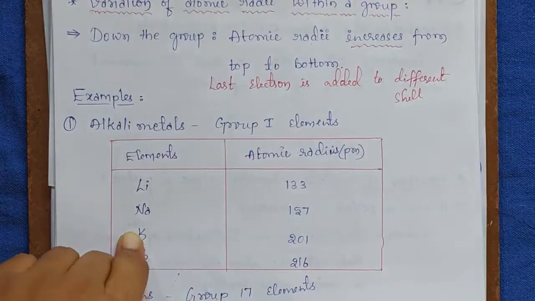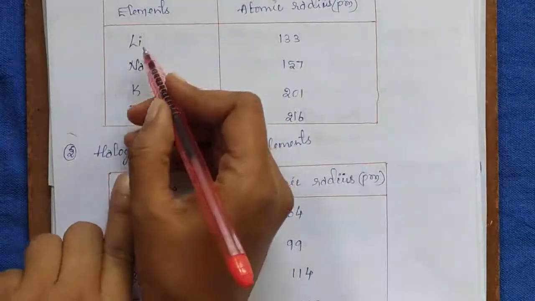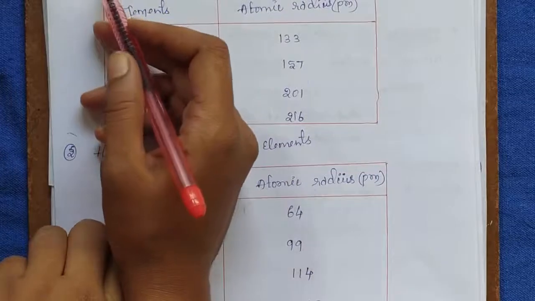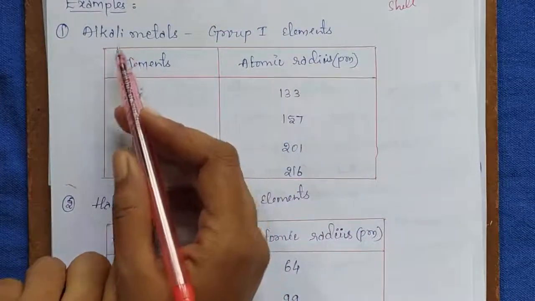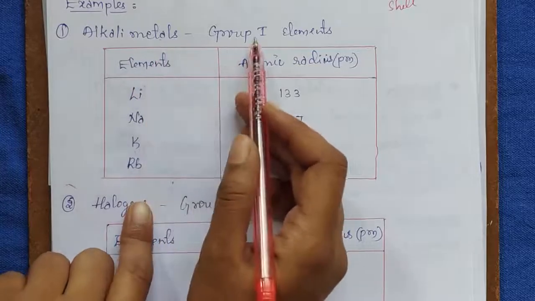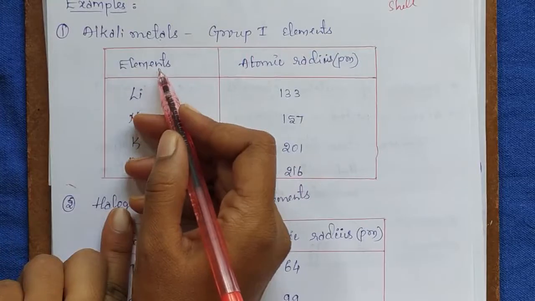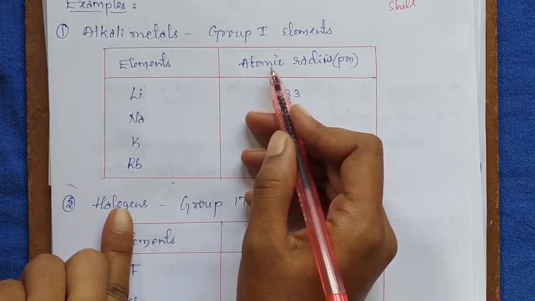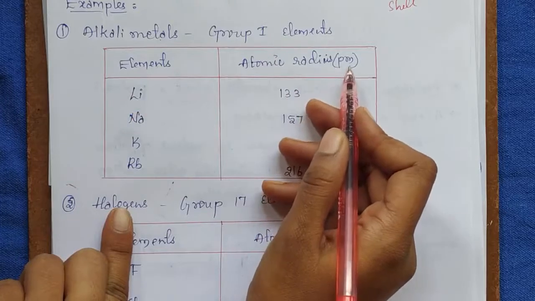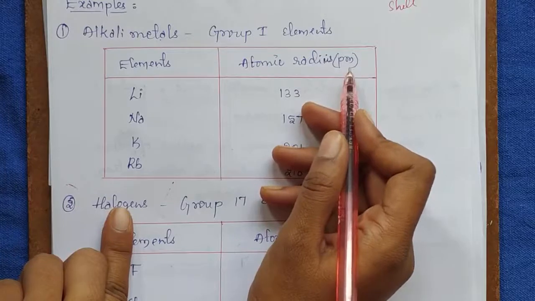For example, here we have taken alkali metals, that is group 1 elements. In the first column I have listed the element, and in the second column the atomic radius in picometer. Atomic radius is measured in picometer.